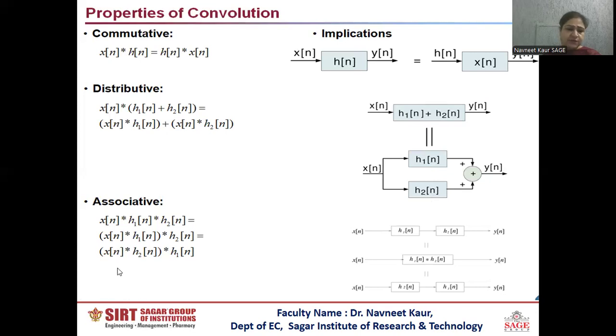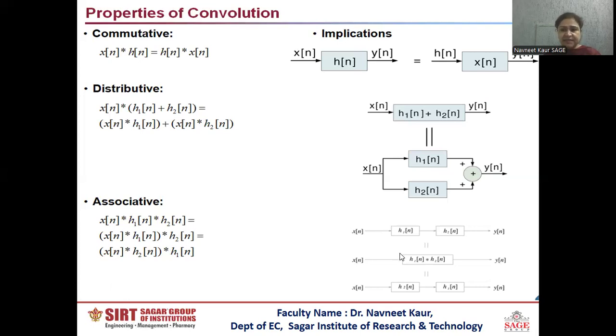Now coming to associative property. Associative property says that Xn convolved with H1 and the whole convolved with H2n will be the same as Xn convolved with H2n and convolved with H1n, or I can say Xn convolved with the convolution of H1 and H2.